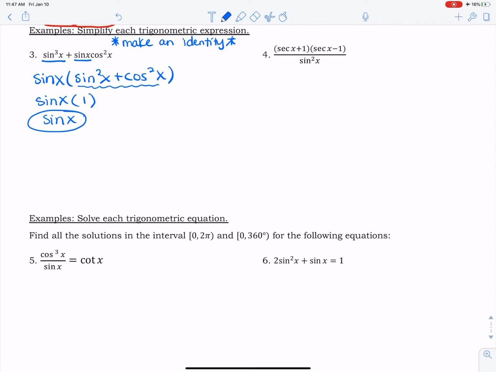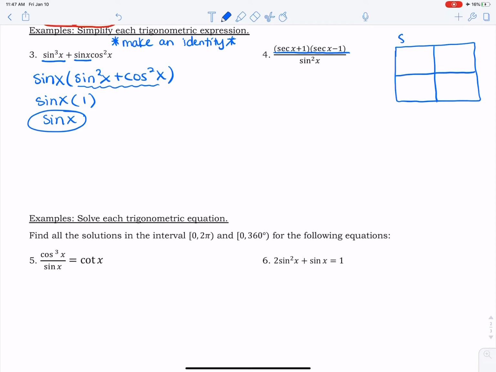Okay, number 4. Woo, this one's a little bit trickier. We want to figure out how we can get an identity from this. Okay, so let's see. We can't factor. Looks like the only thing that we can do is multiply. So we're going to multiply this on the top. You might need to use the box. I'm going to go ahead and do the box because I know most of us have been multiplying with the box.